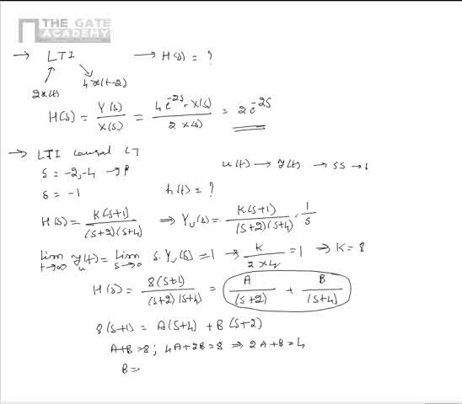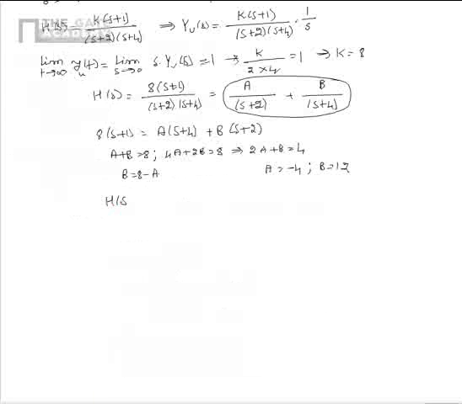But we know that b is equal to 8 minus a. So upon substituting the same here, we get that a is equal to minus 4 and b is equal to 12. From this, we can write h of s as 12 divided by s plus 4 minus 4 divided by s plus 2.